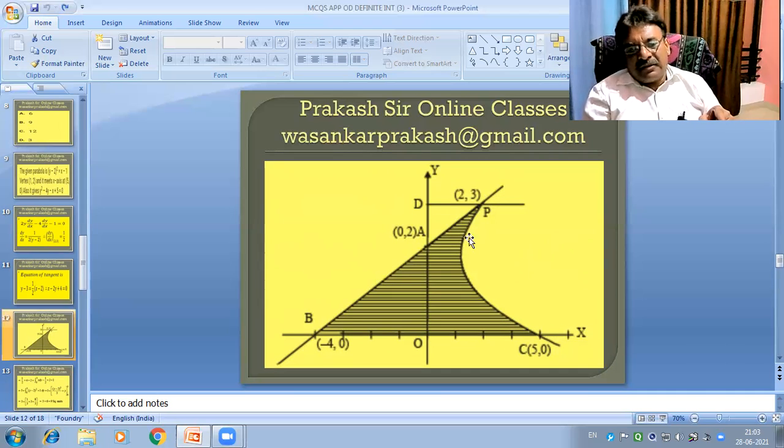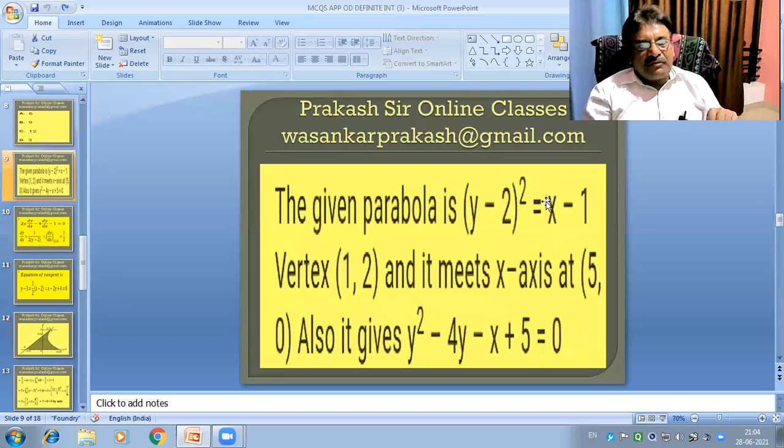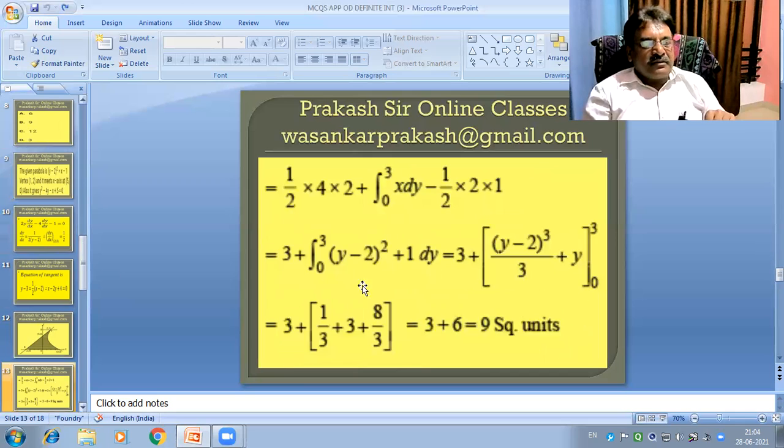From the equation of the curve, x equals y minus 2 whole square plus 1. So we write the integral of y minus 2 whole square plus 1 into dy, minus the tangent's x into dy. This 2 gets cancelled, so we write here 4.